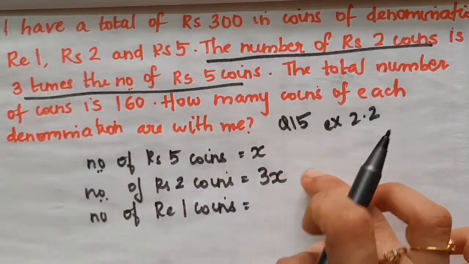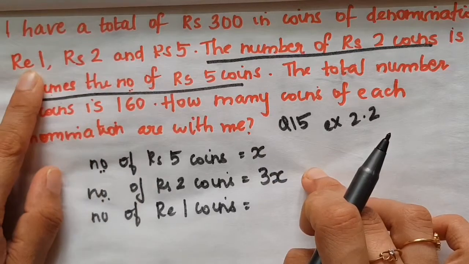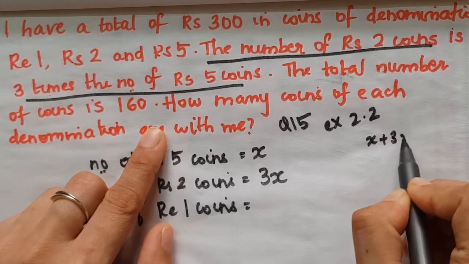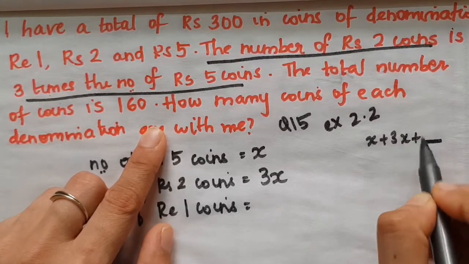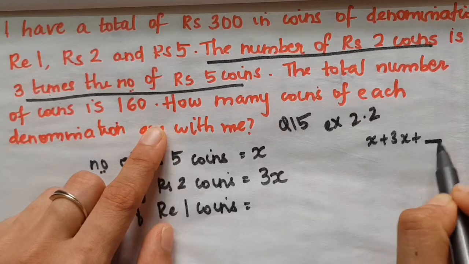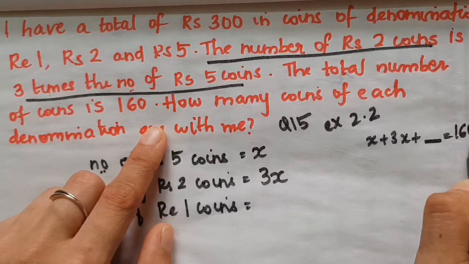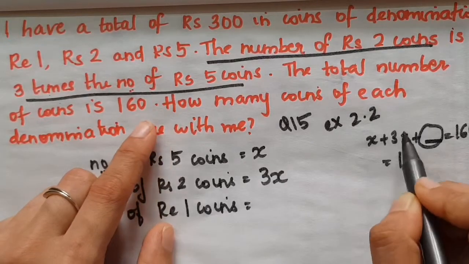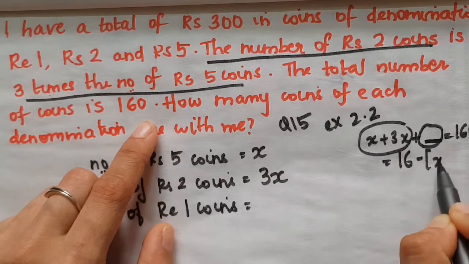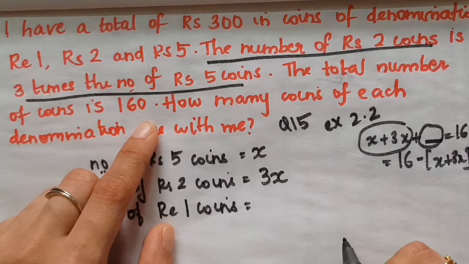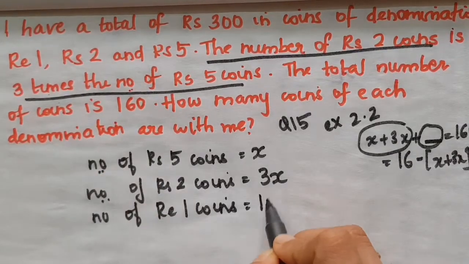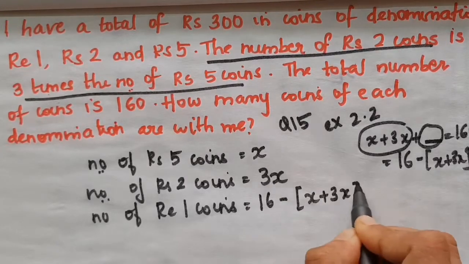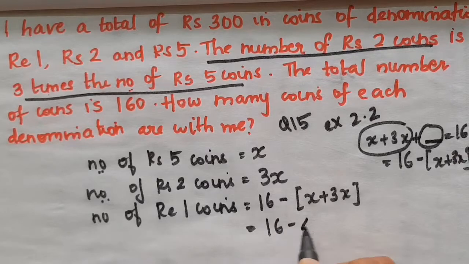So x plus 3x plus the number of rupee 1 coins gives 160. So the number of rupee 1 coins is equal to 160 minus x plus 3x, that is 160 minus 4x.